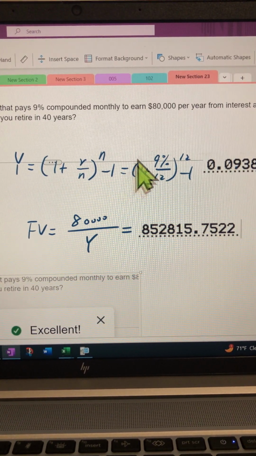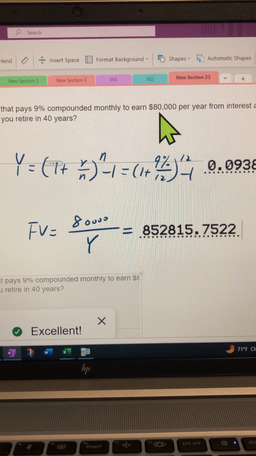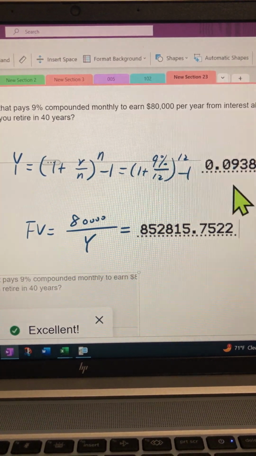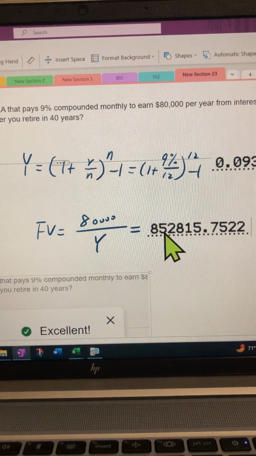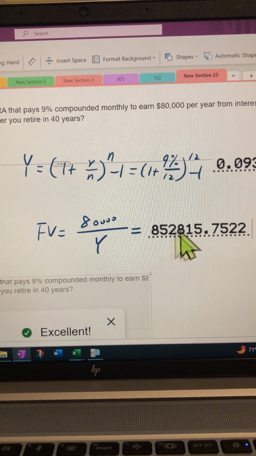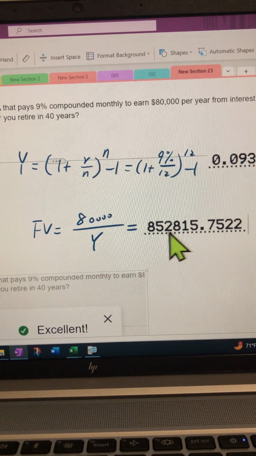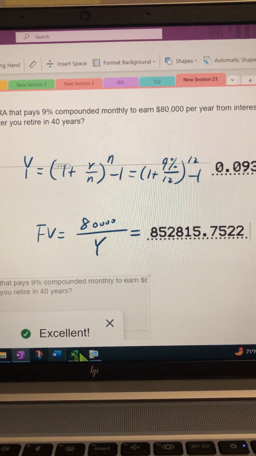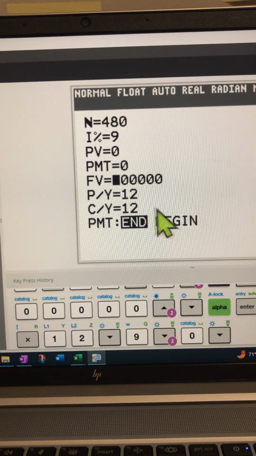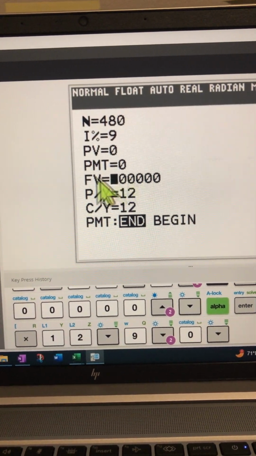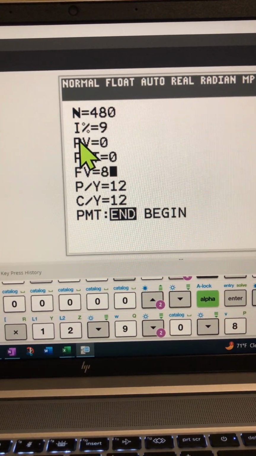That's the money he wants to have every year to live on after retirement, divided by the effective rate, and we have the future value of the annuity. So I did not round it. I enter this number in, let me see what is the number, 852815 right here.